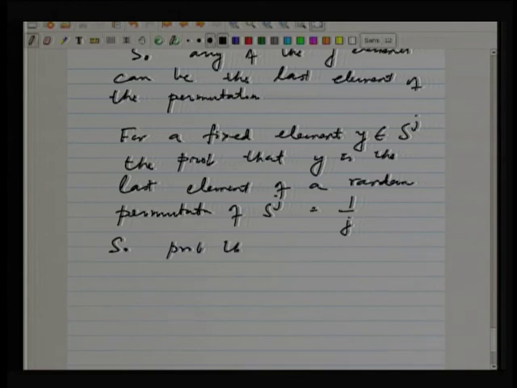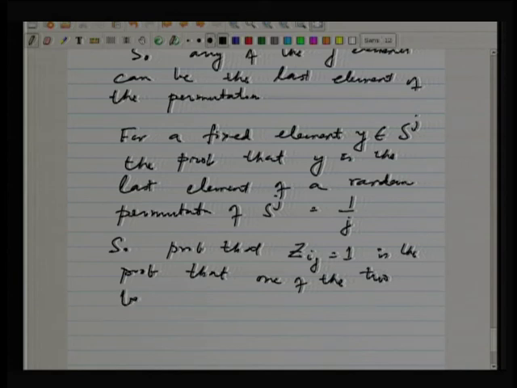So, the probability that z I j equal to 1 is the probability that one of the two bounding elements of x I is the jth pivot.